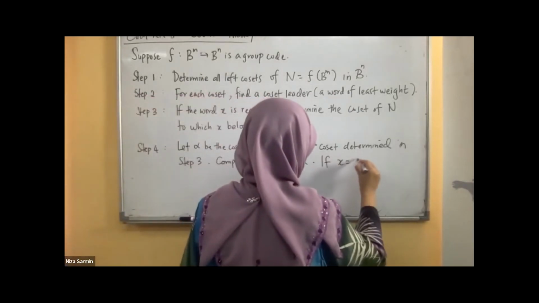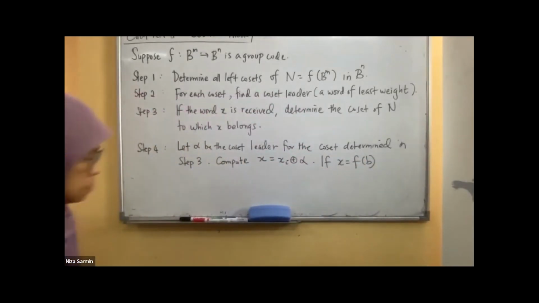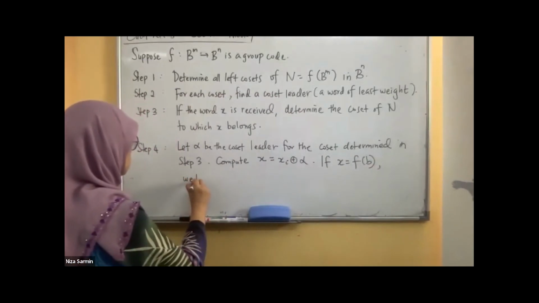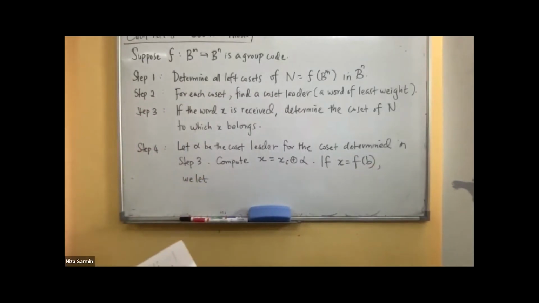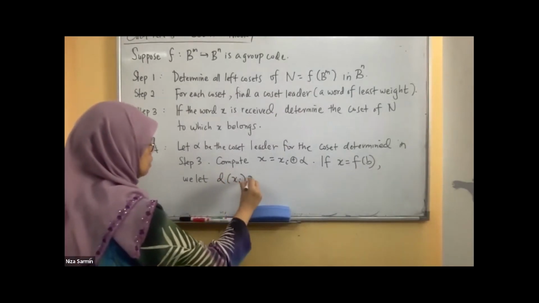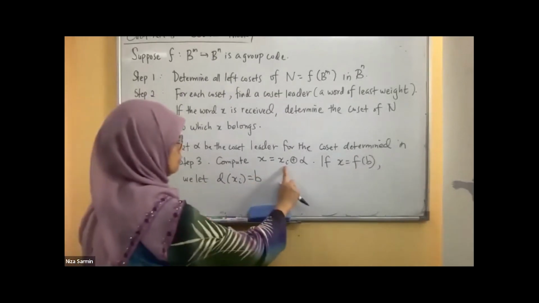If X is F(B), we let D of xi is B. This xi, yeah?